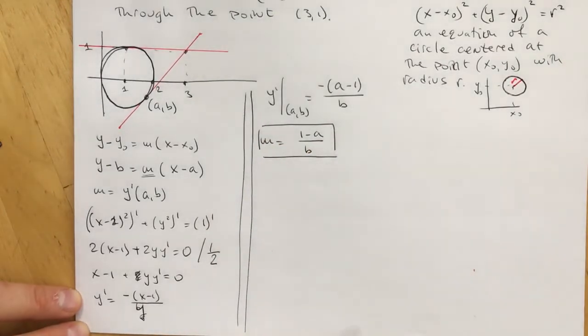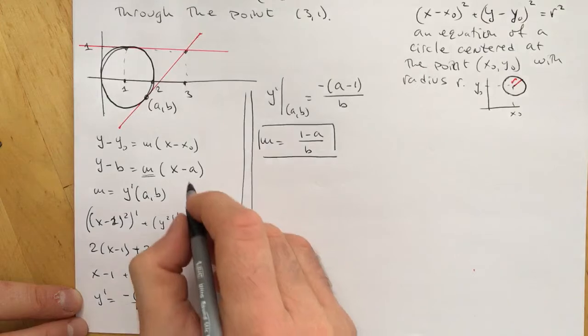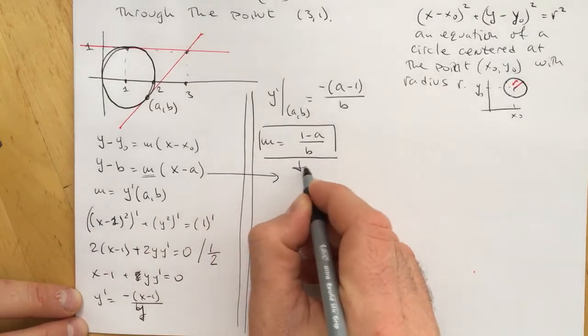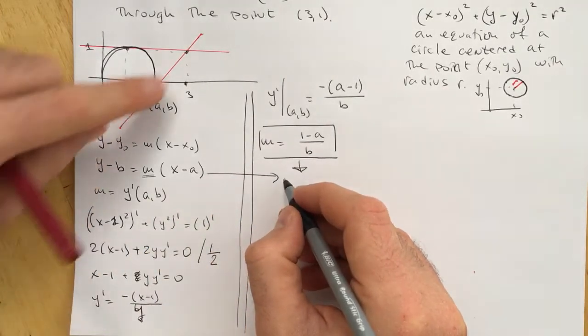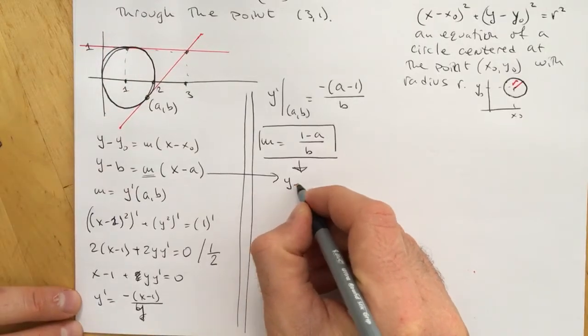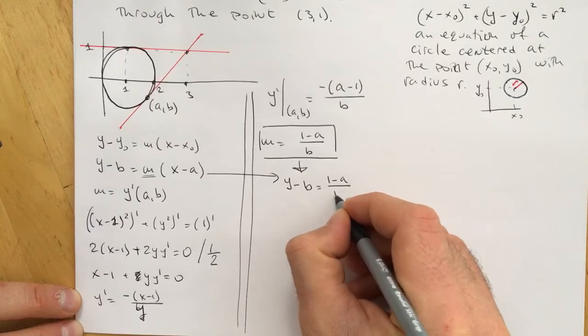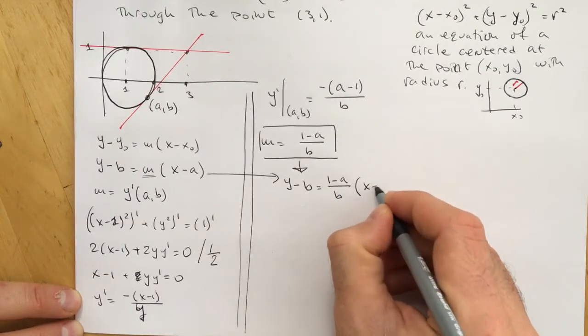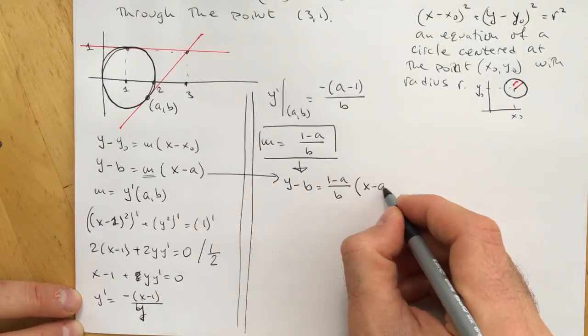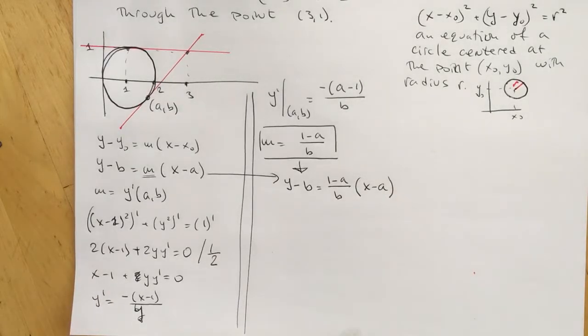Okay, so what do we have so far? We have that the equation of the tangent line is y − b = ((1 − a)/b)(x − a).